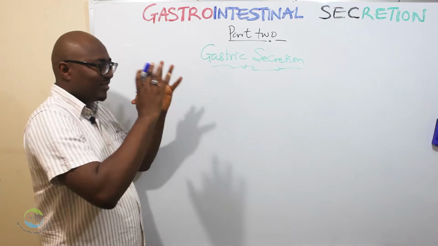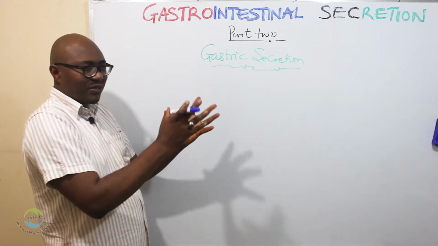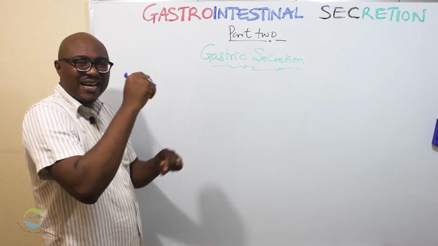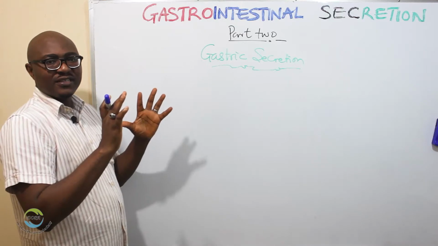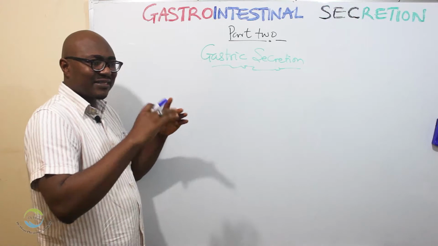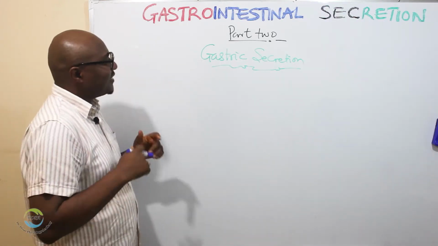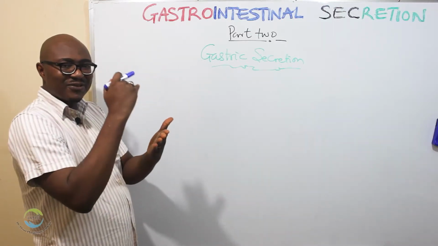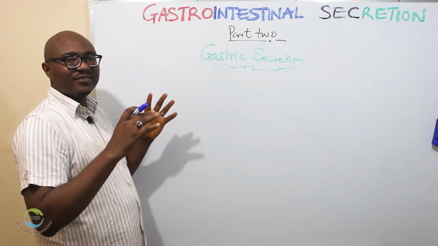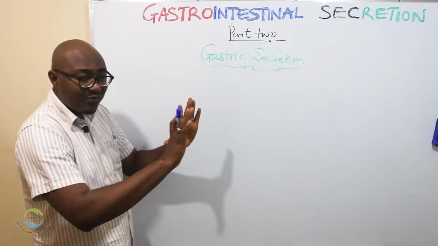You need to know the gland that is secreting what. After knowing the gland, some peculiarities about that gland, especially the cells. What are the types of cells that are secreting particular substances? Then what are those substances? What's the composition of the substance? Then from the composition, you can now know the functions of the secretion in general. So it's easy. Then you now talk about the regulation. So we're going to be following it like that.